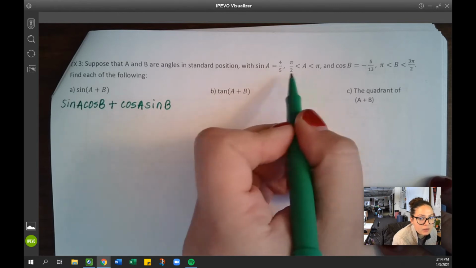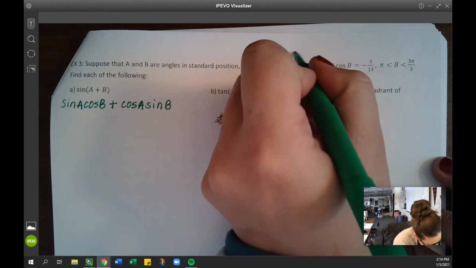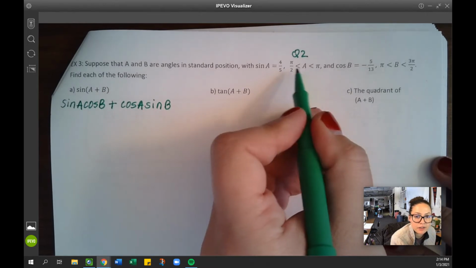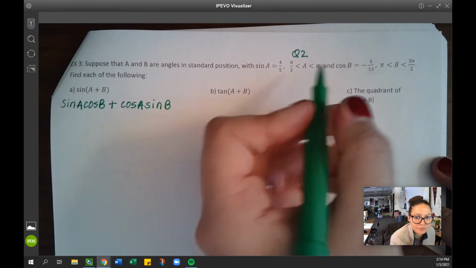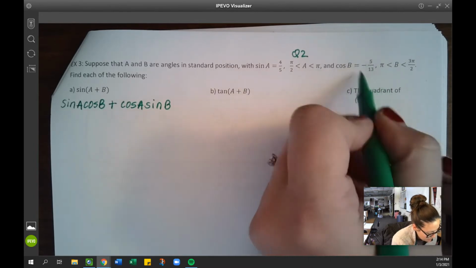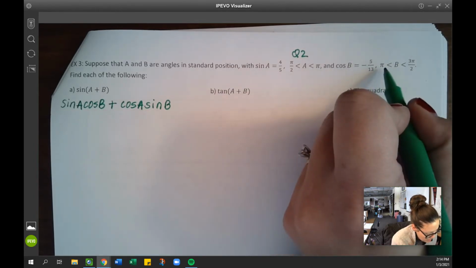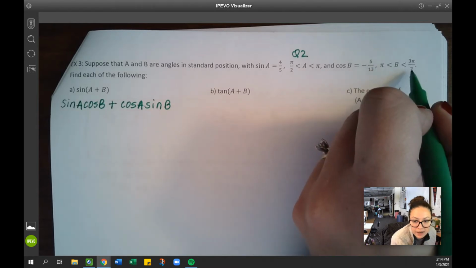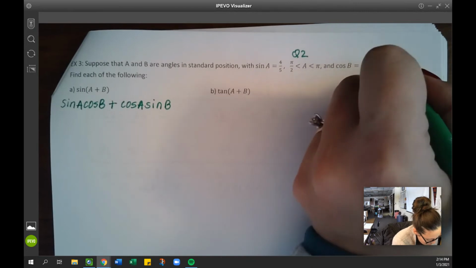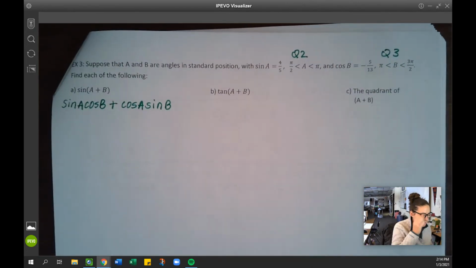That tells me that I'm in quadrant 2. Cosine B is negative 5/13, where B is between pi and 3 pi over 2. That means we're in quadrant 3.